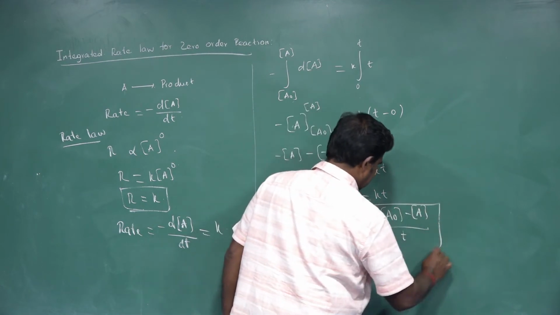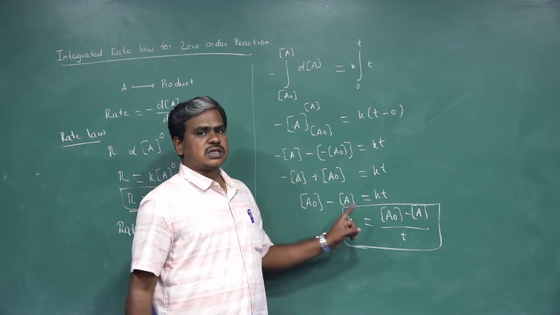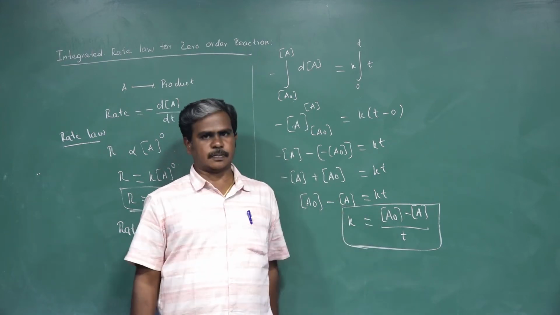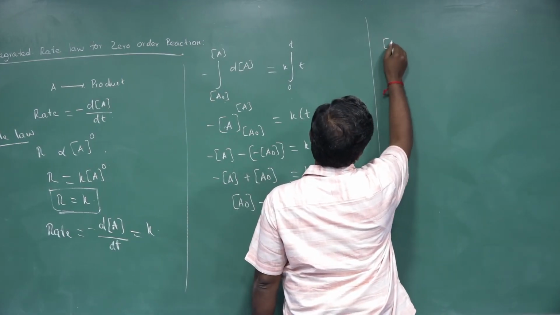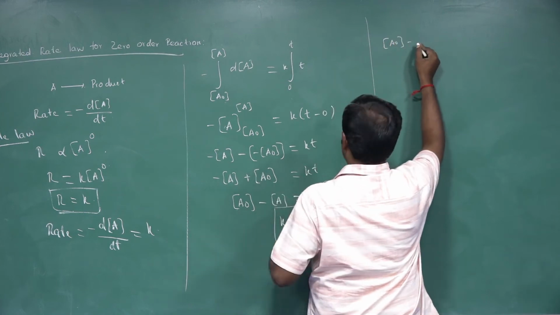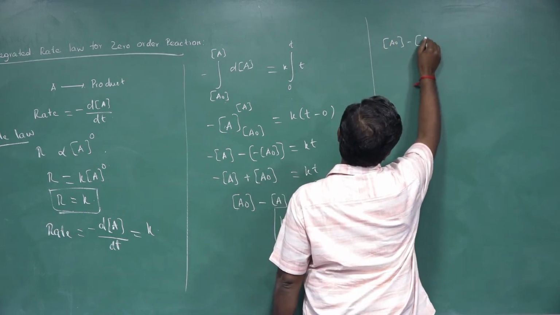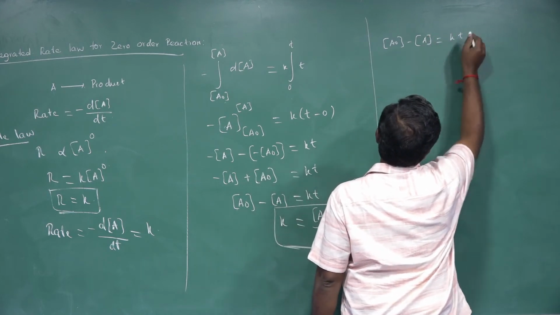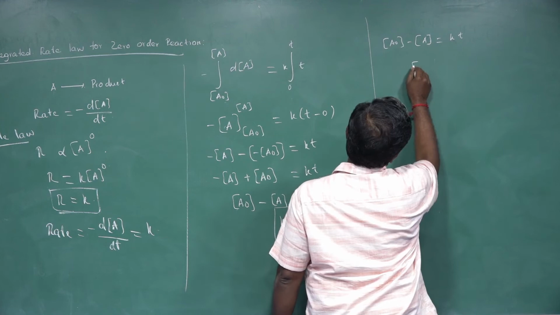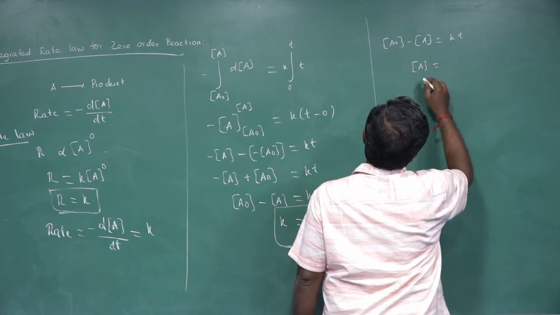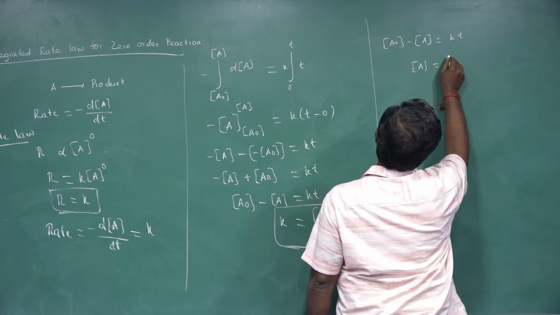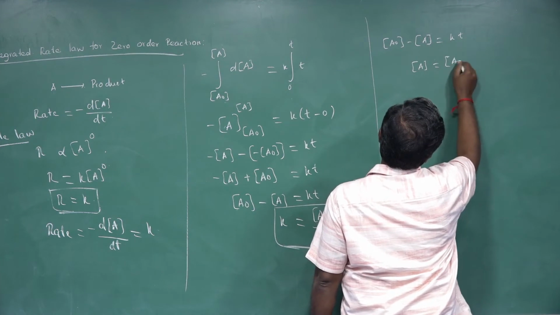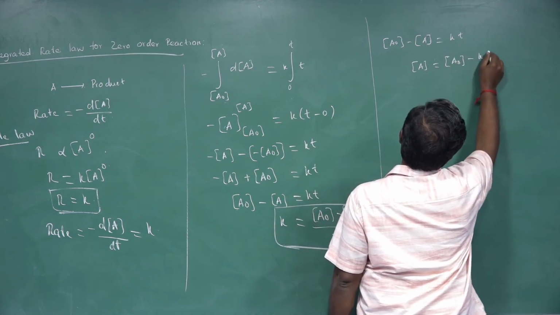So it is the rate constant for a zero order reaction. [A] naught minus [A] is equal to k into t. Now [A] is equal to [A] naught minus k into t.